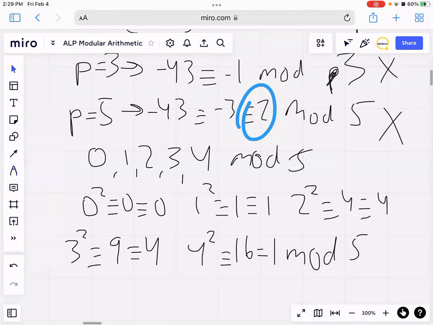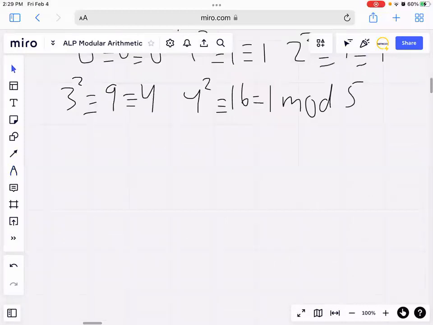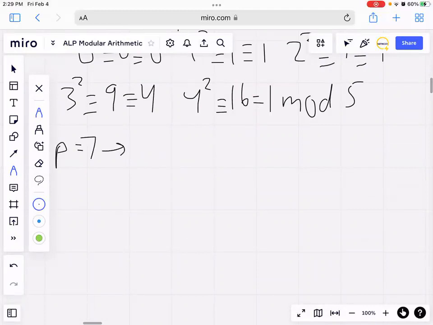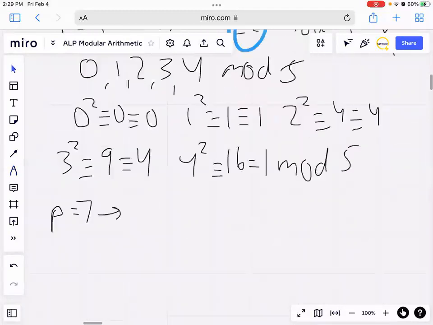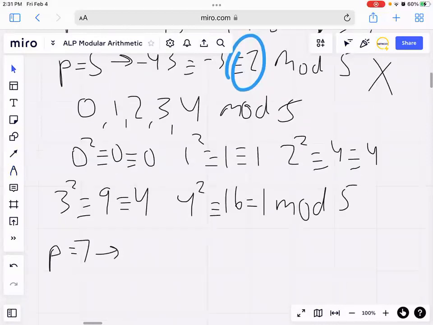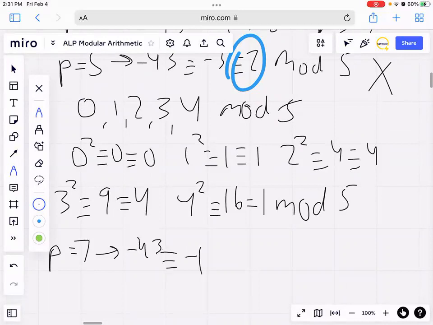Let's try the next prime, p equals 7. Here again, let me just scroll down so you can see. Negative 43 mod 7, adding 42 to that, which is 6 times 7, is congruent to negative 1 mod 7.